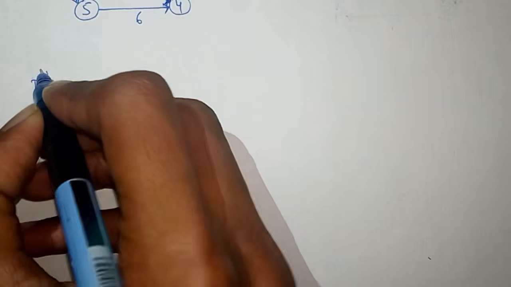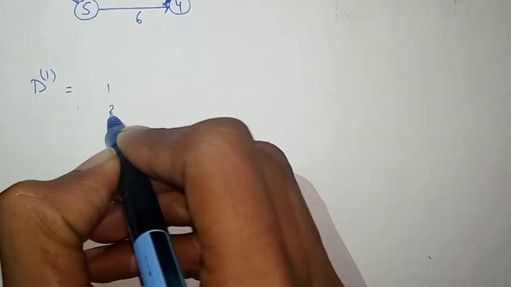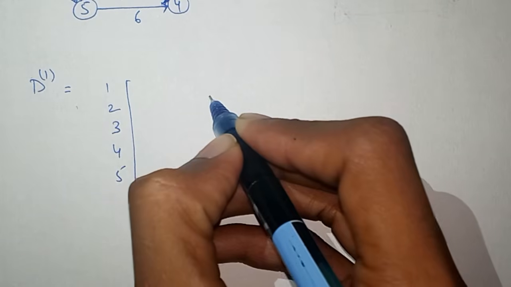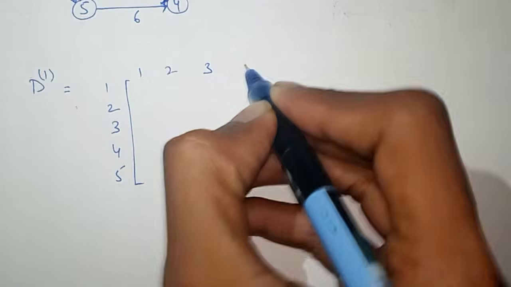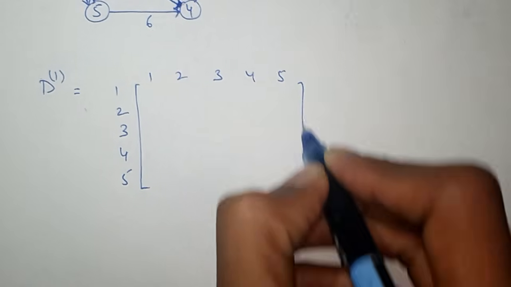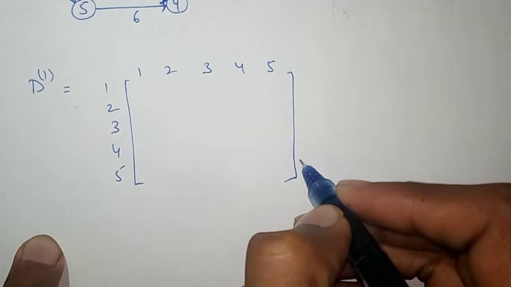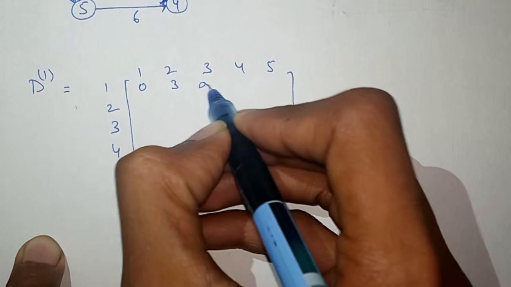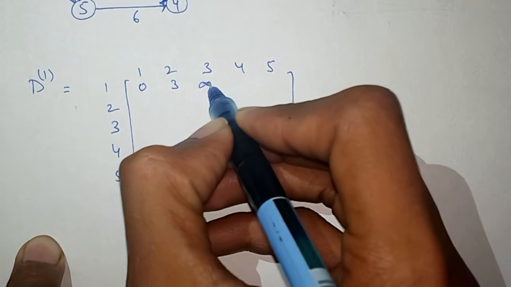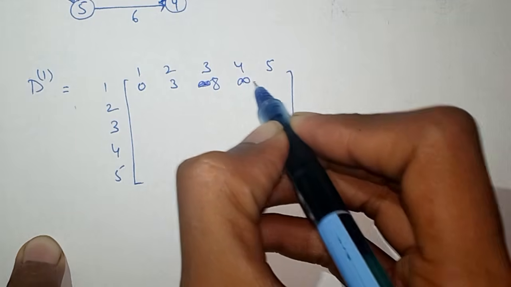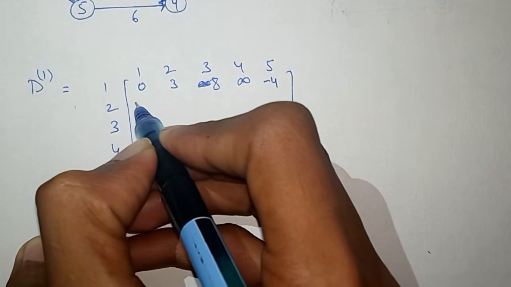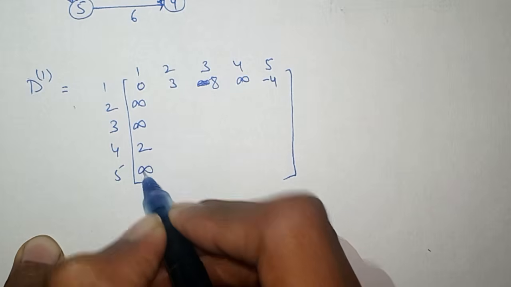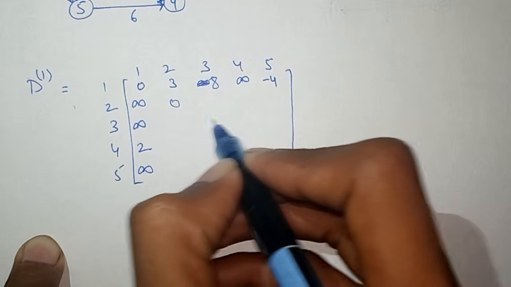In the D1 matrix, 1, 2, 3, 4, 5 are the node numbers of the graph. The first row and first column of the D1 matrix will be the same. Sorry, here it is 8, infinite and -4, infinite, infinite, 2 and infinite. The diagonal elements will be 0.